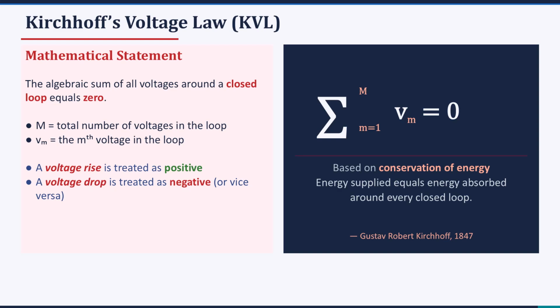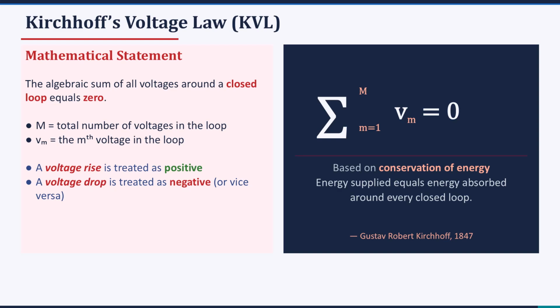We write this as sum of V sub m equals 0, where the summation is from m equals 1 to M. M is the total number of voltages in the loop, and V sub m is the mth voltage encountered as you traverse the loop.